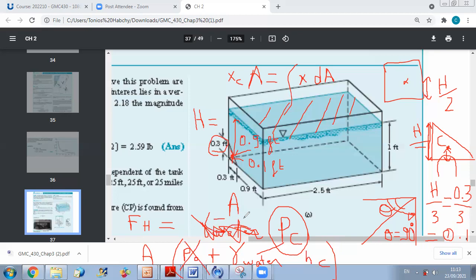Concerning the area of our surface, you have a triangular surface, so all you have to do is multiply the base times the height over 2. So your area A in this problem is 0.3 times 0.3 over 2. For the pressure PC, as we neglected P0, gamma water is given, which is rho times g of water, and H of C is simply 0.9 feet.